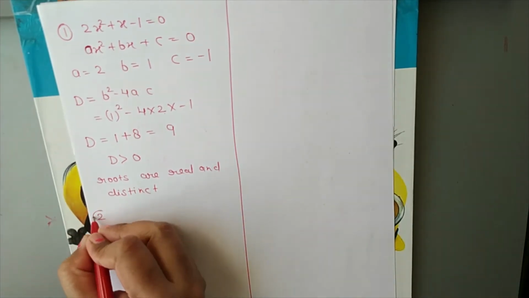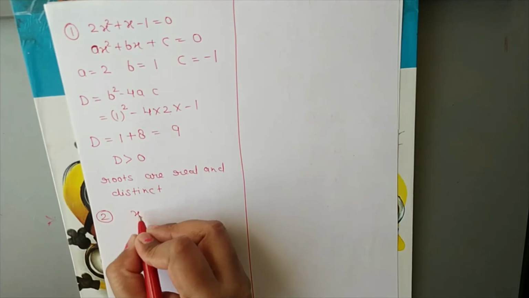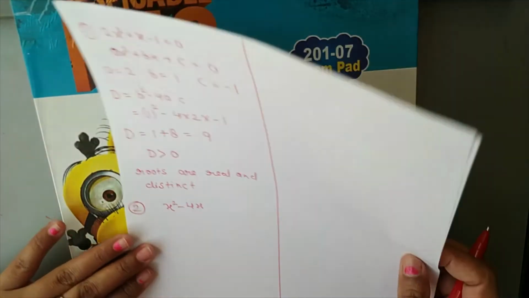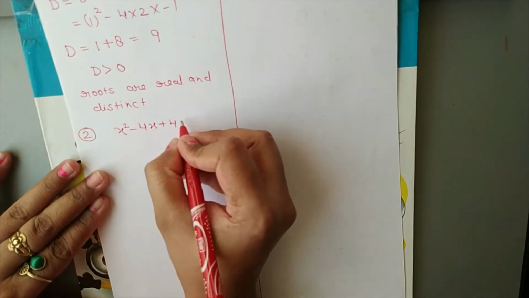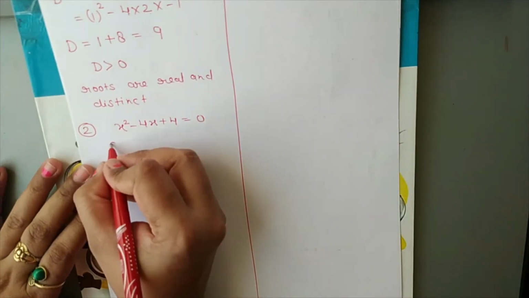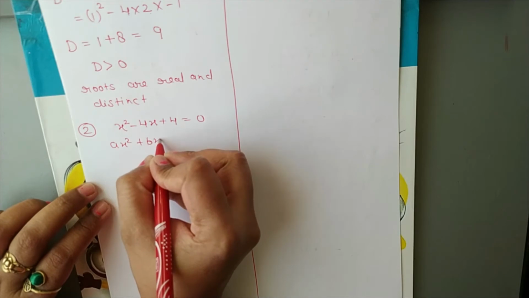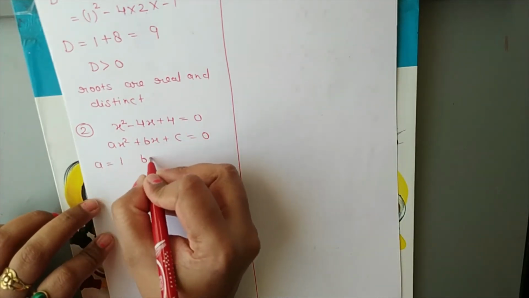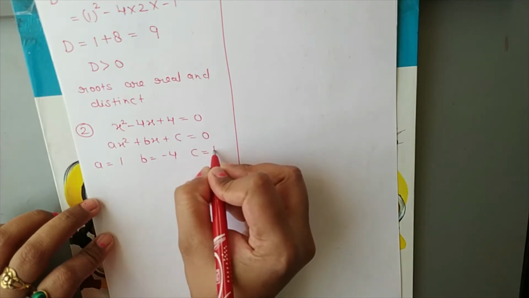Then the second question, x square minus 4x plus 4 is equal to 0. Comparing with ax square plus bx plus c is equal to 0, a is equal to 1, b is equal to minus 4 and c is equal to 4.